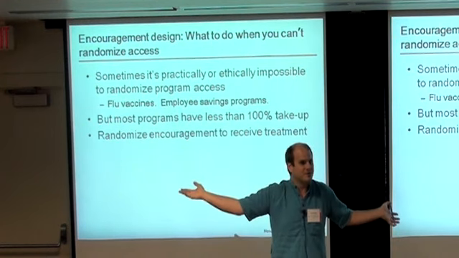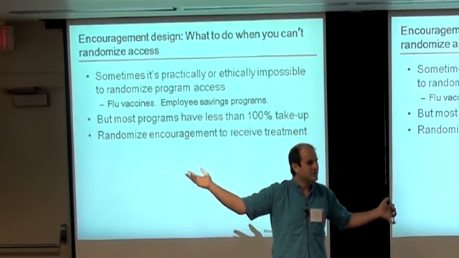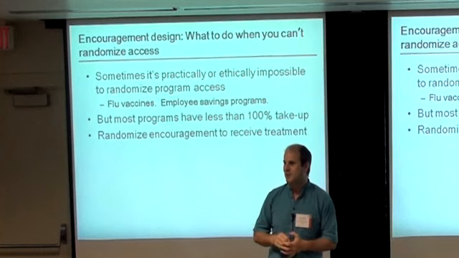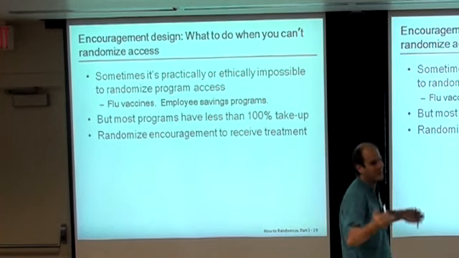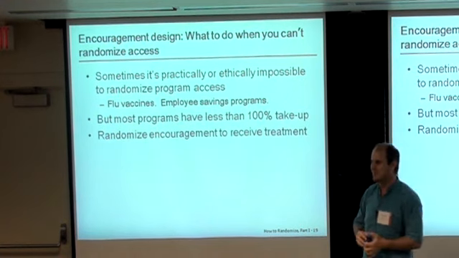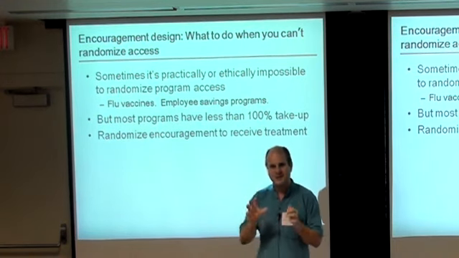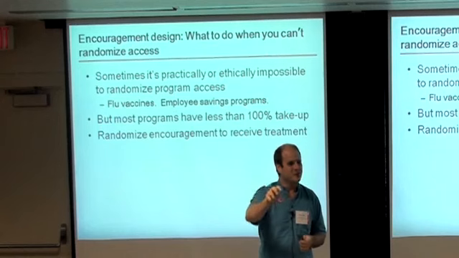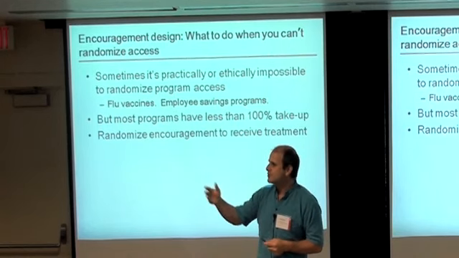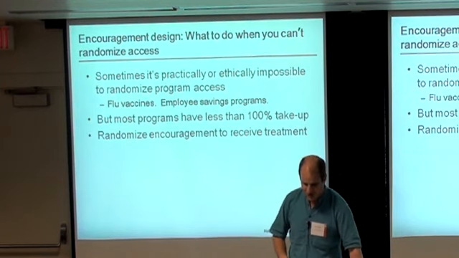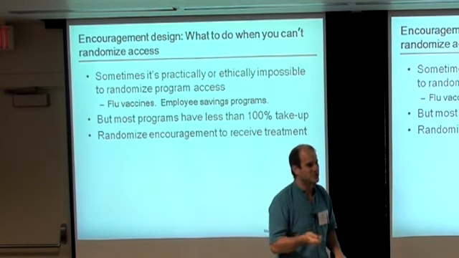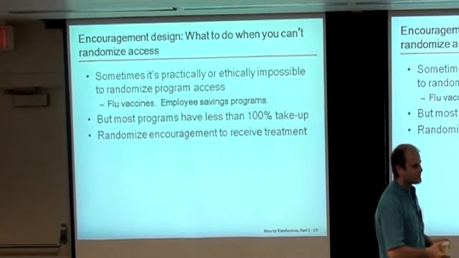Anybody can go to Au Bon Pain. I'm not controlling that. If I wanted to, for some reason, study the effect of going to Au Bon Pain, I could do that. I'm not sure what the point of that would be. But the point is, I'm only controlling who receives this offer and who doesn't. I'm not controlling who actually goes to Au Bon Pain and who does not. And so this is often the easiest thing to control in the process.